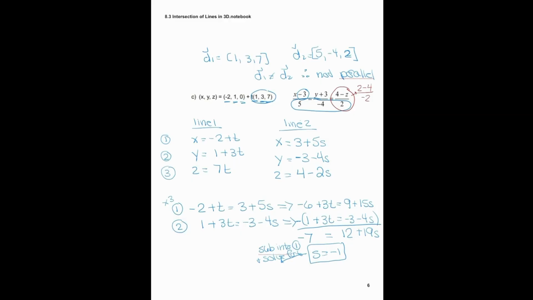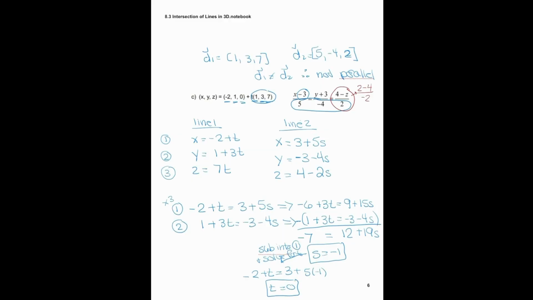Equation 1 was negative 2 plus t equals 3 plus 5 times negative 1. So t is equal to 0. Now that we know the s and the t value, we need to check the left side and right side for that third equation, in order to determine if there is a point of intersection or not.